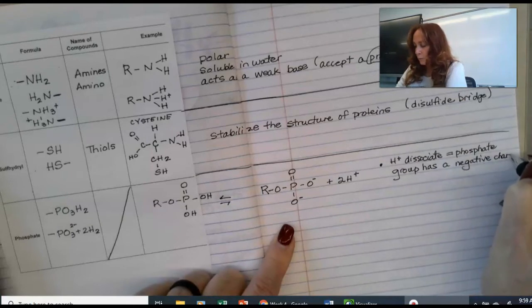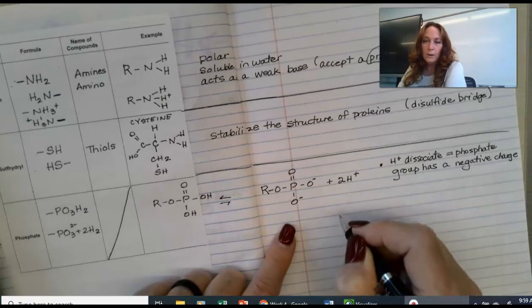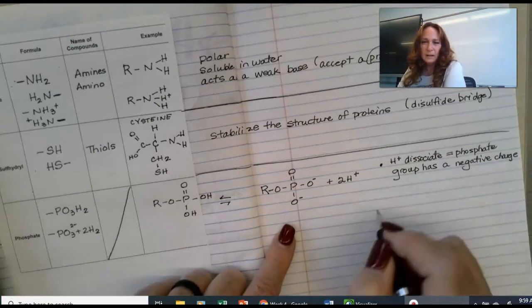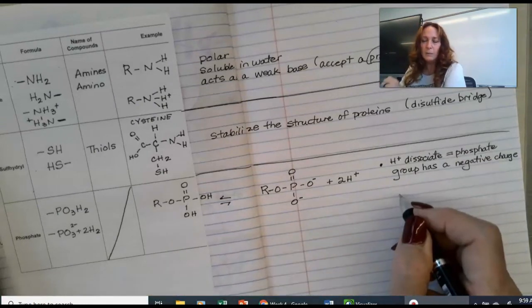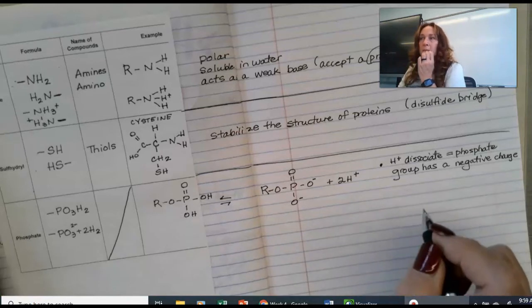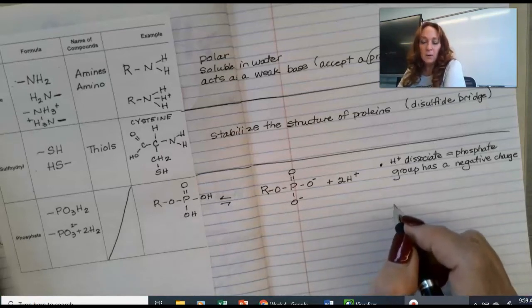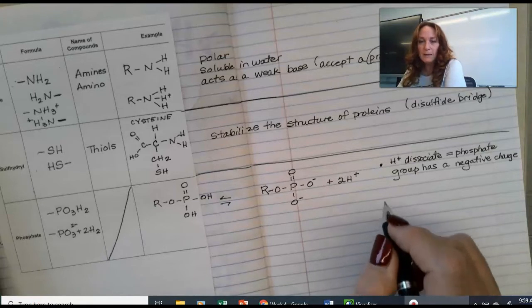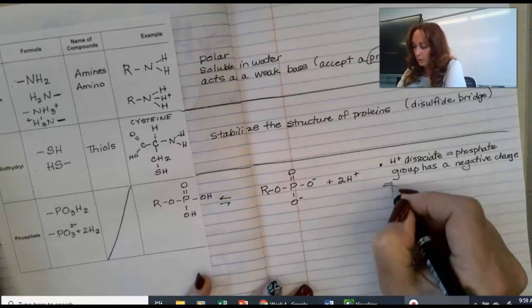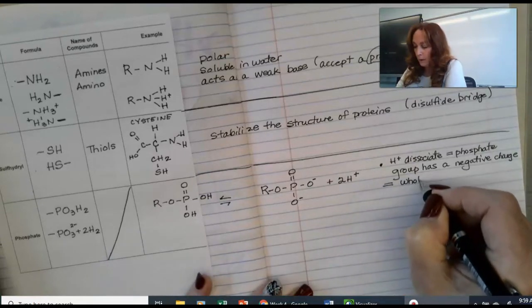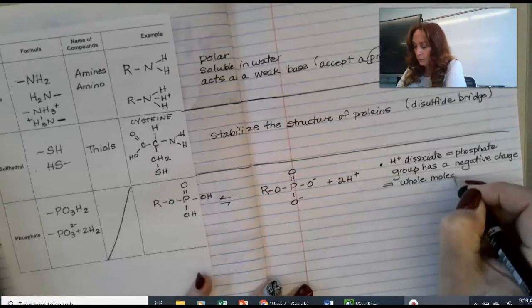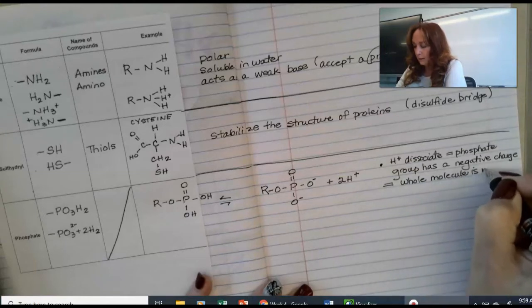That becomes really important with ATP. It becomes important with DNA because they have a phosphate piece of their backbone. So it's going to make the whole molecule, so then let's put here equals, the whole molecule is negative.